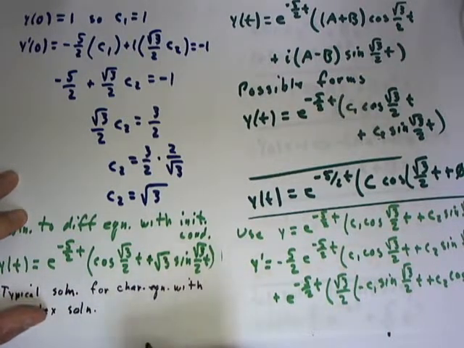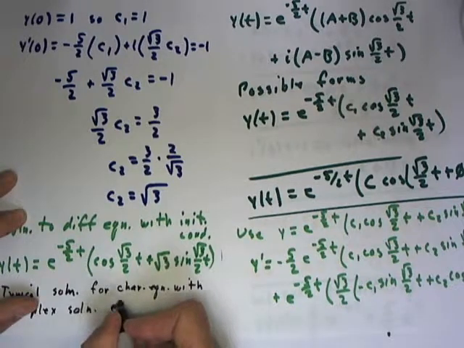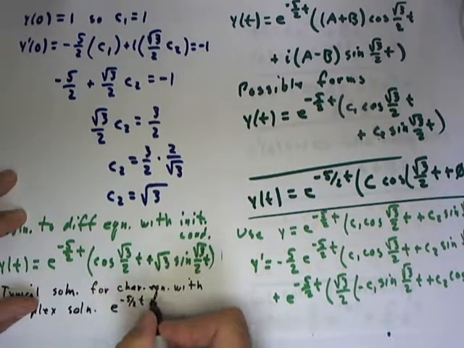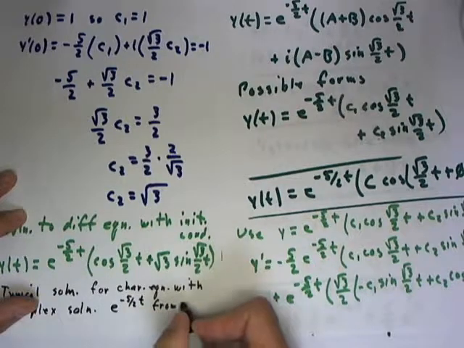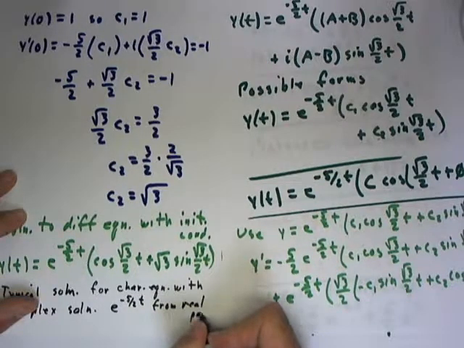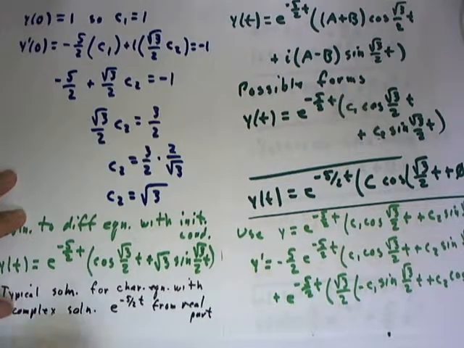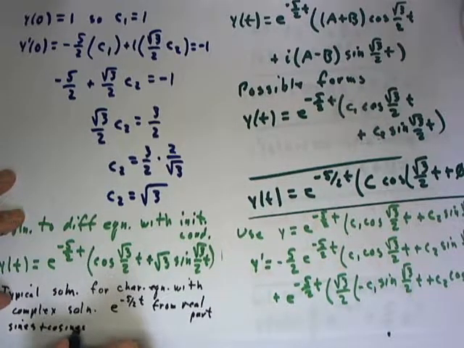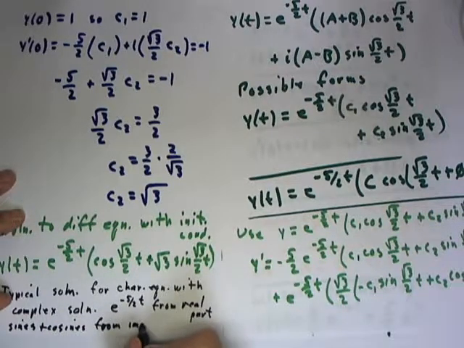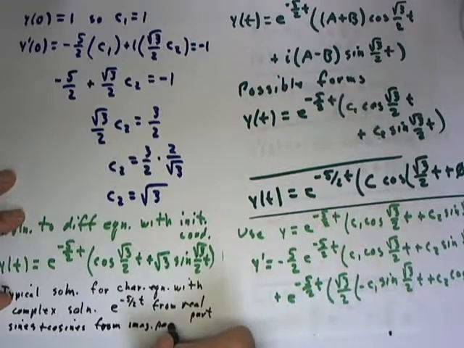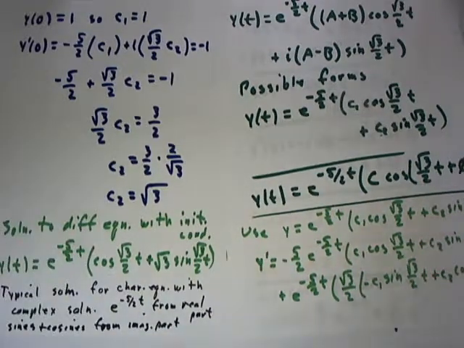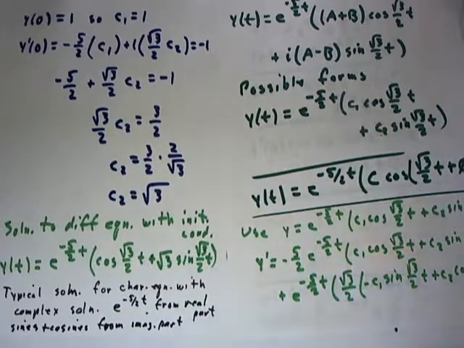We have e to the negative 5/2 t from the real part, and we have sines and cosines from the imaginary part. This is a pattern you'll see as you yourself solve a number of equations of this nature.